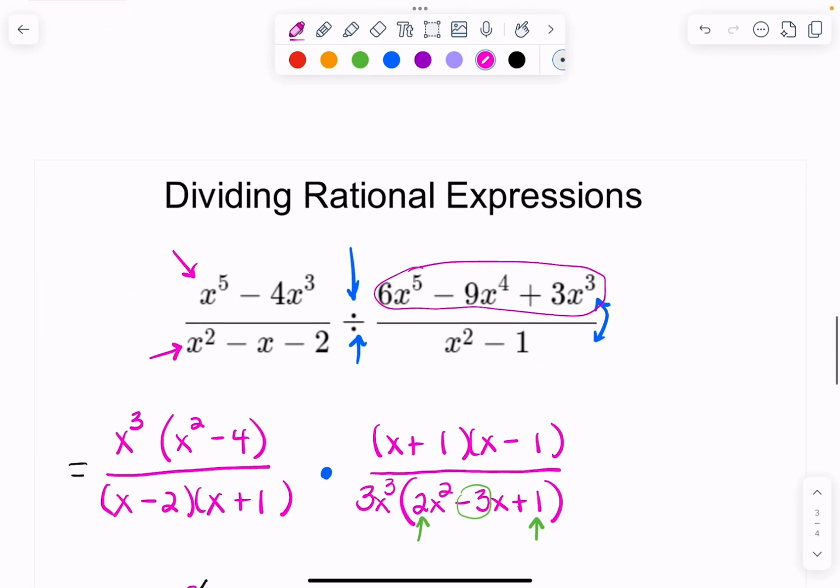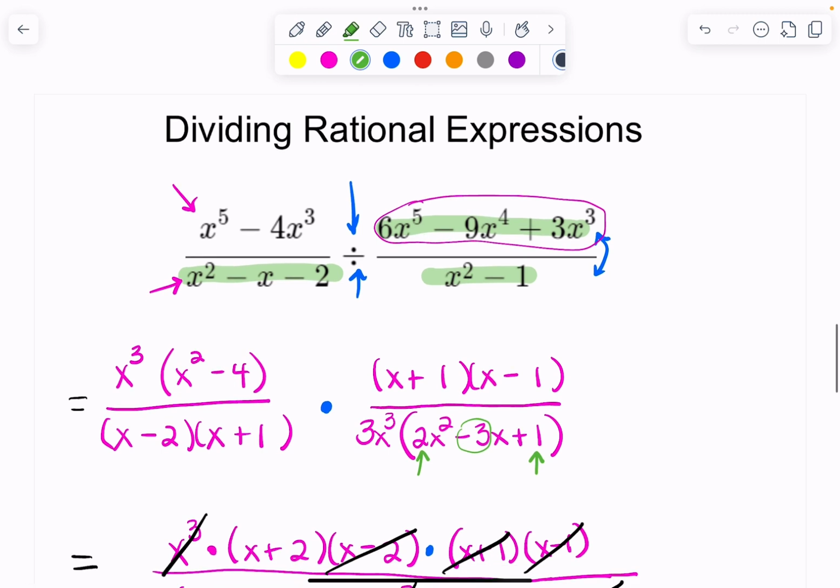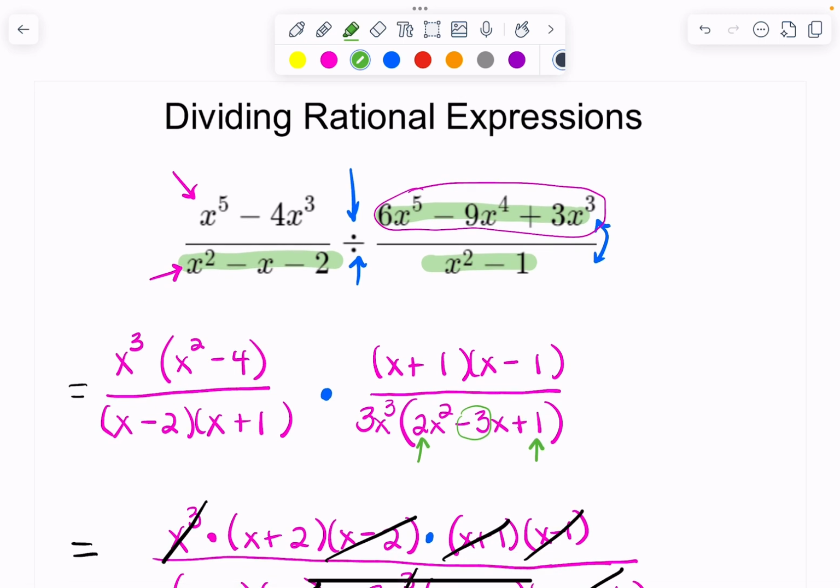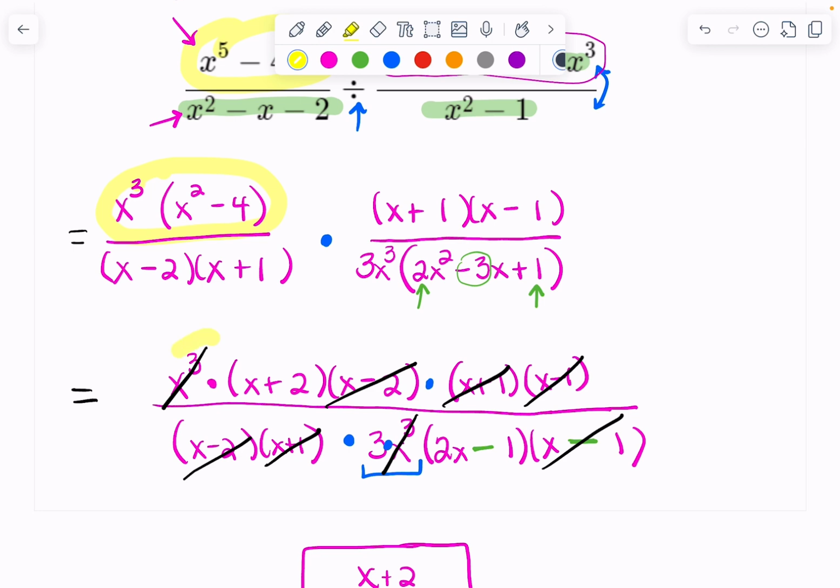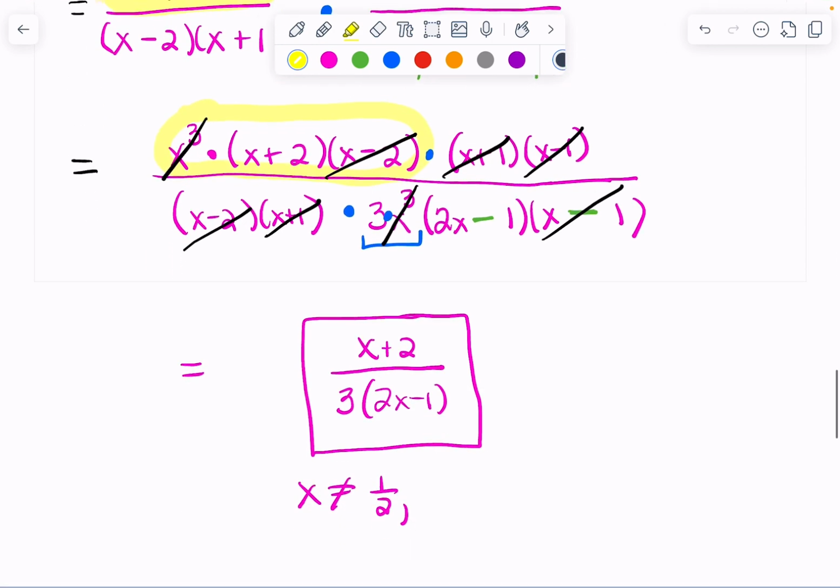Remember at the very beginning, we had a denominator, and then we flipped it. So we have those three pieces. In other words, the only thing that never has to be concerned with is this piece, which is this piece, which was this piece. Everything else is fair game for restrictions.